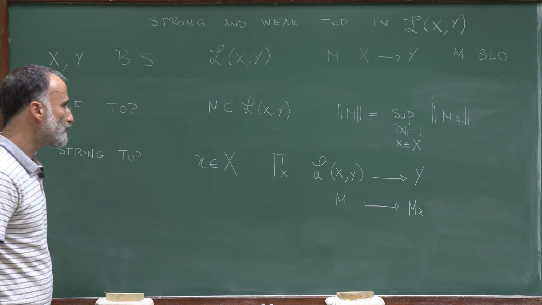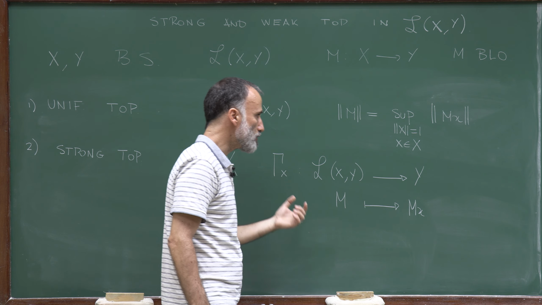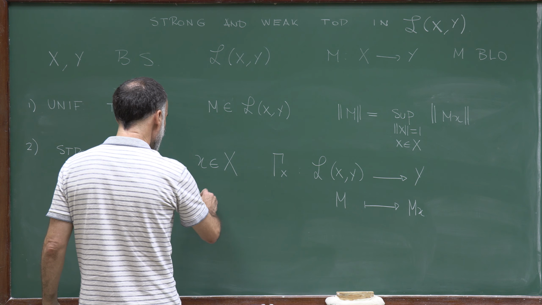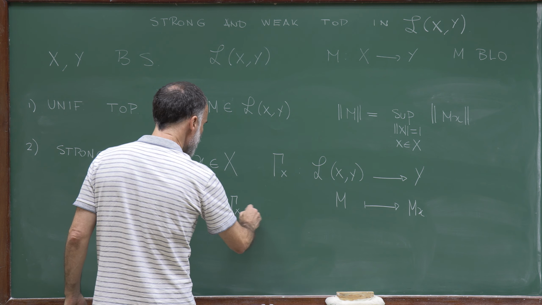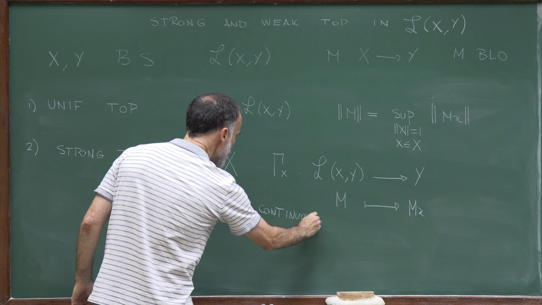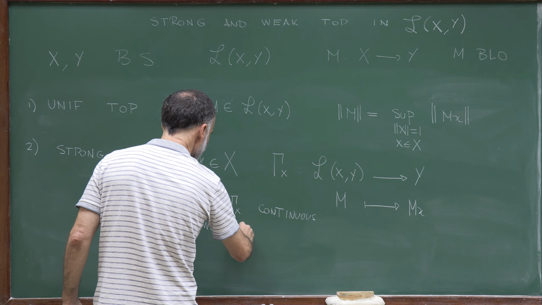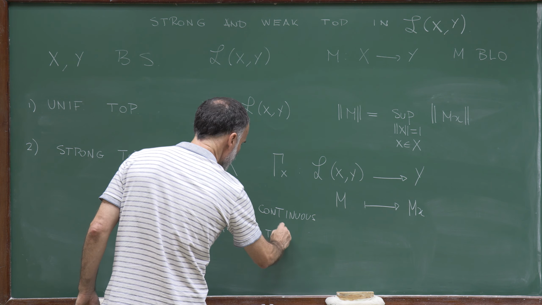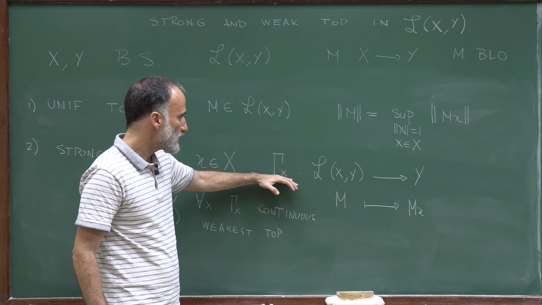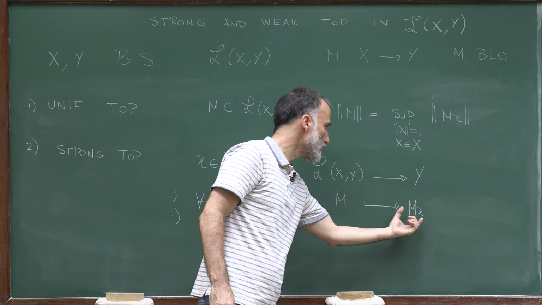The strong topology is the weakest topology which makes these functions continuous. So the strong topology is the topology for which for all x, gamma x is continuous, and it's also the weakest topology with this property, as functions from this space to the space Y.